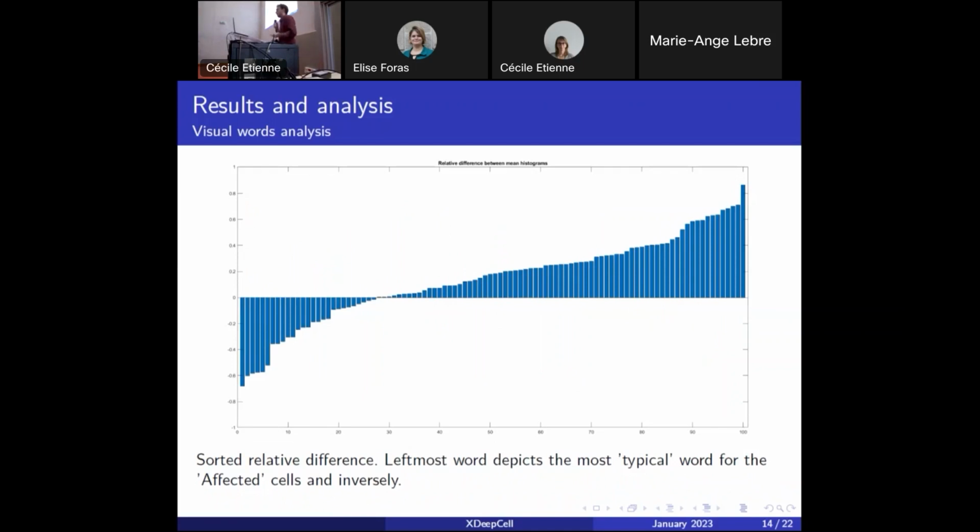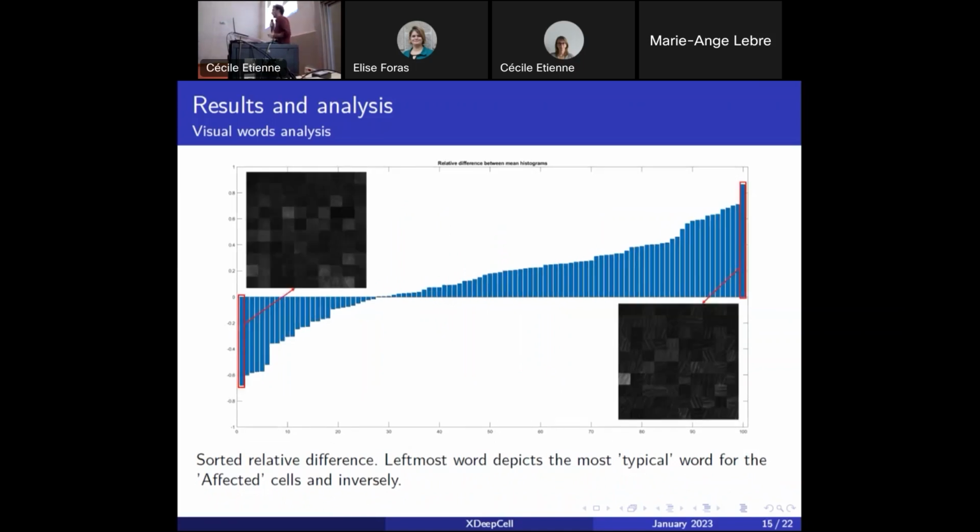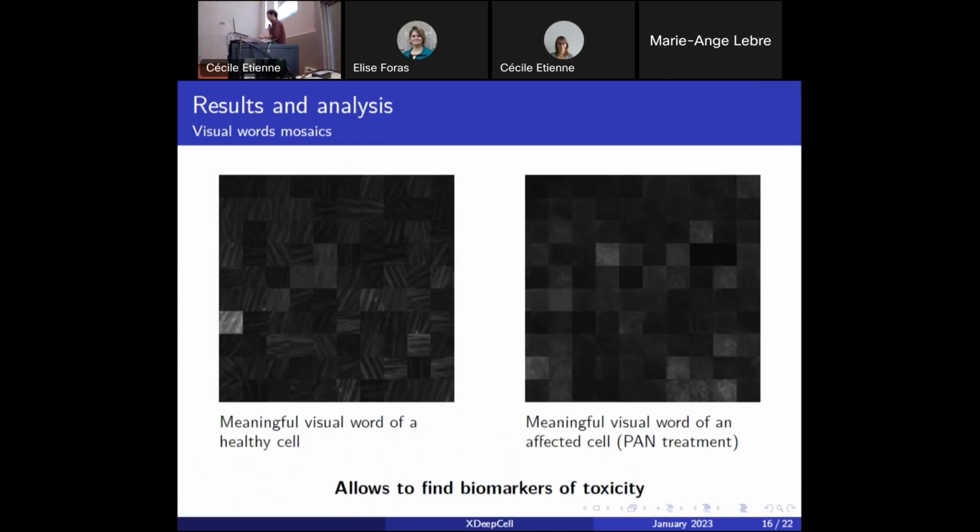If we sort this out to see better which are the most important visual words, we can isolate the two most significant visual words and go back to the patches on the cells to see which kind of structure these visual words represent. If we zoom in on those images, these are mosaics of 100 patches that represent instances of the visual word. Here on the right, we have a meaningful visual word of a healthy cell.